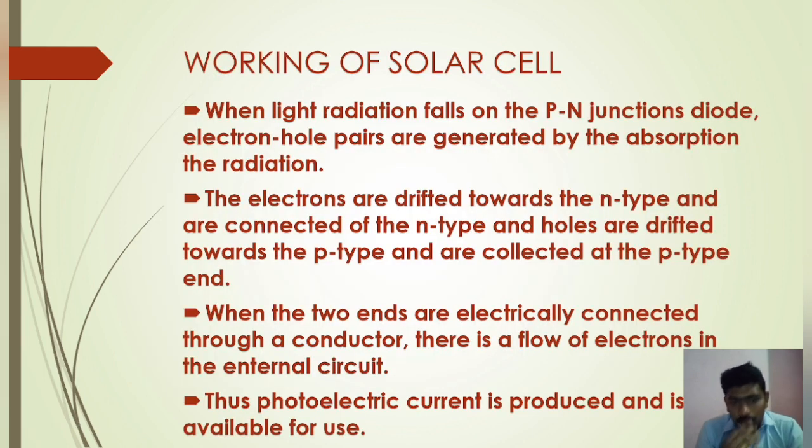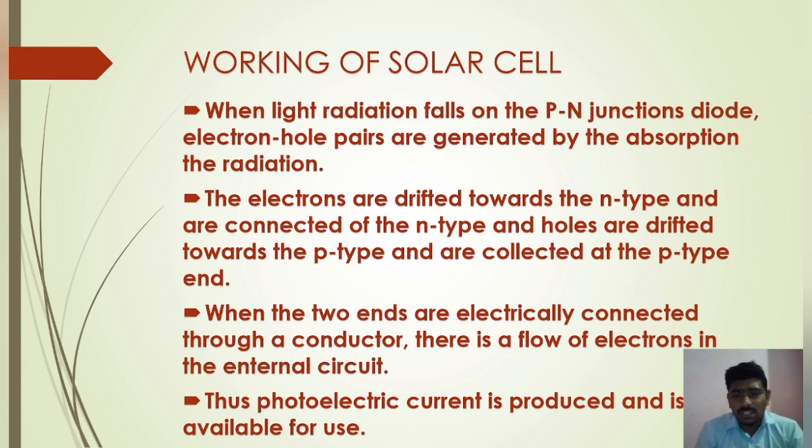When these two ends, the P type semiconductor and the N type semiconductor, are electrically connected to a conductor, we all know what is meant by a conductor. So these two ends are electrically connected to a conductor. Definitely there is a flow of electrons in the external circuit.